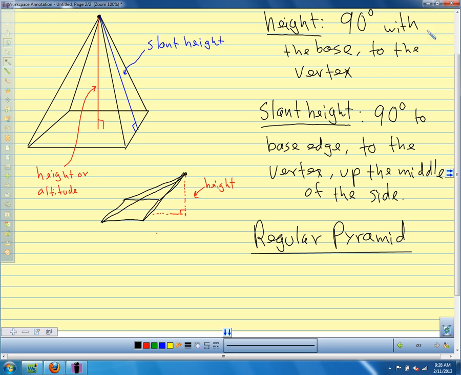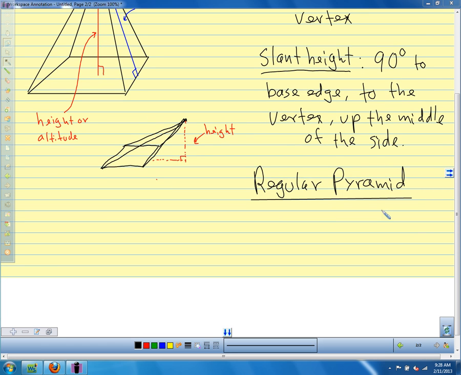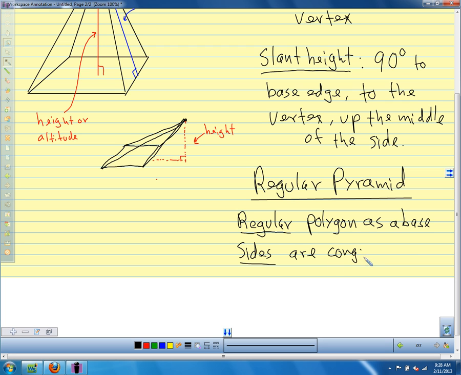A regular pyramid has a regular polygon as a base. So all the sides of our base are the same length. When we have a regular polygon as a base, the lateral faces, or sides, are congruent, they're all the same, and they're all isosceles triangles.